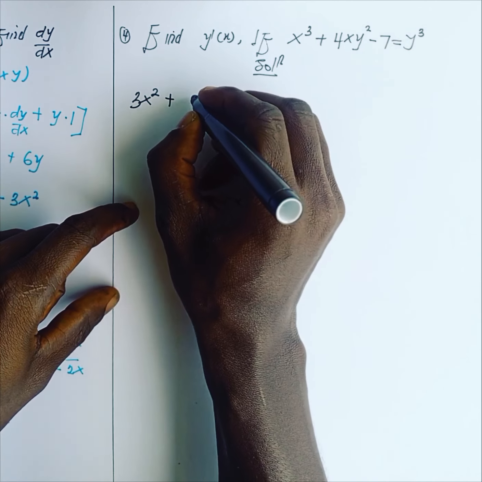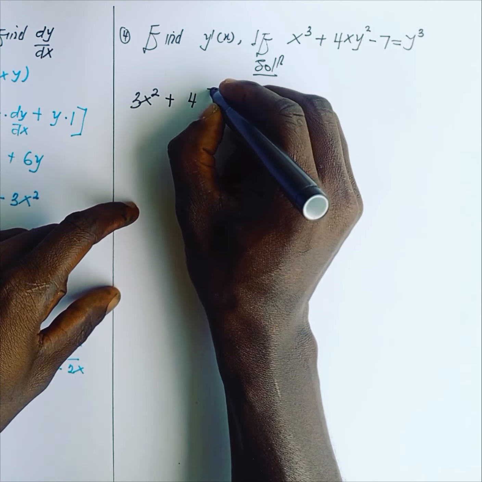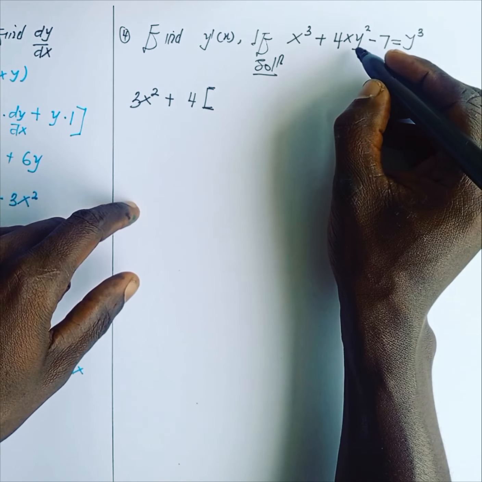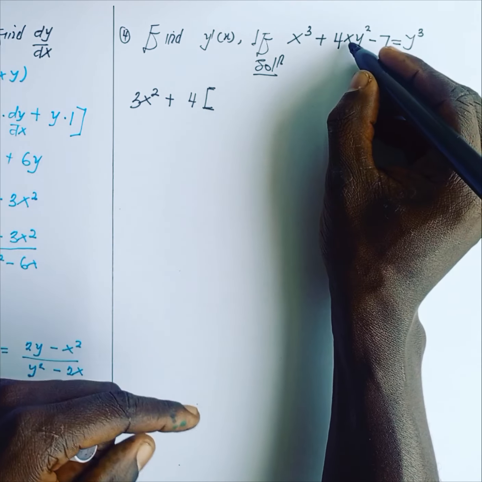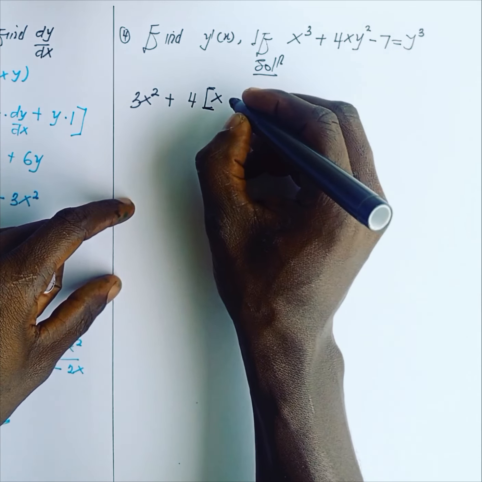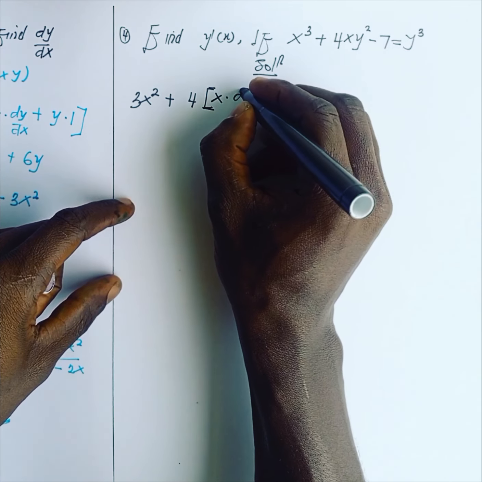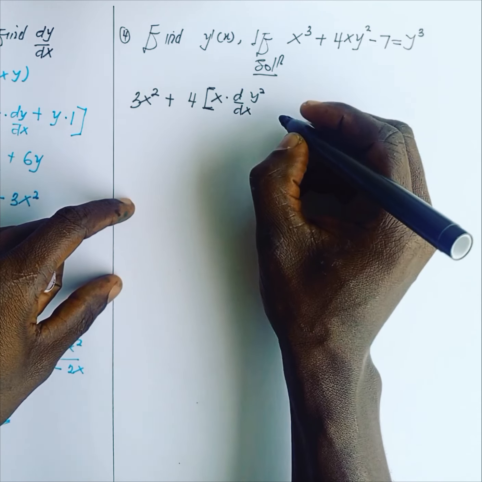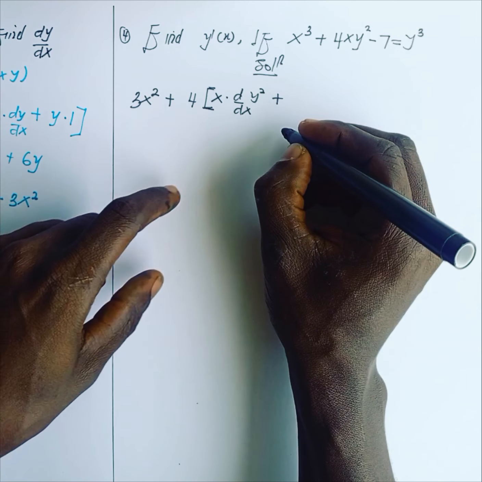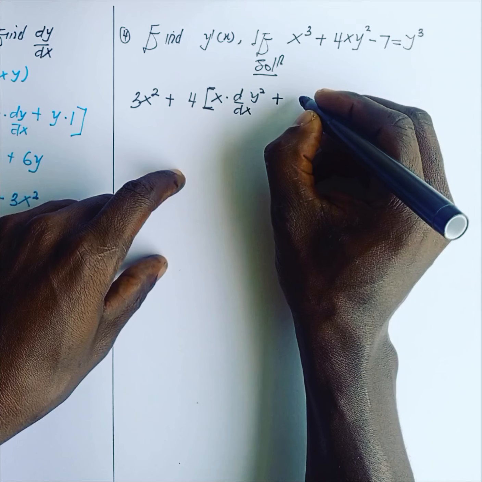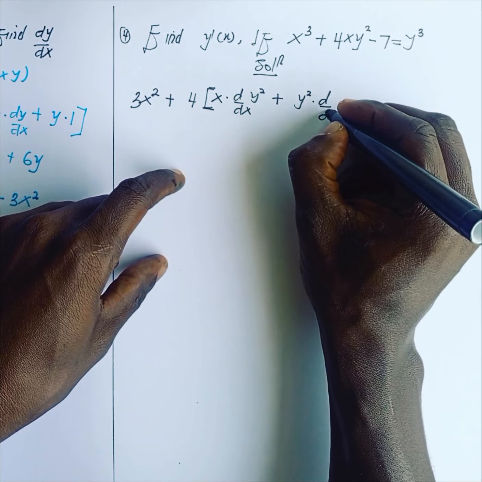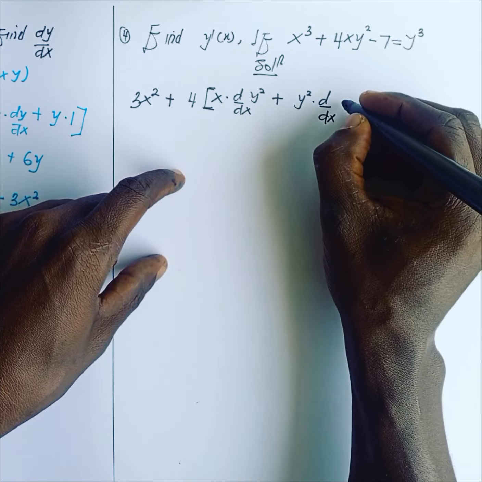So we have our 4 out. Now with the product rule, we keep the first function, so we keep x, and then we differentiate y squared. Plus we keep the second function, and then we differentiate the first function, which is x.